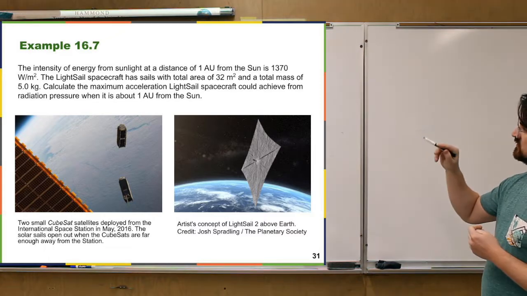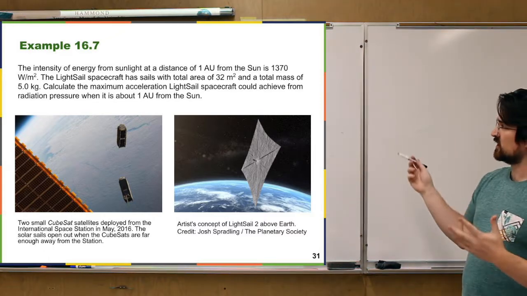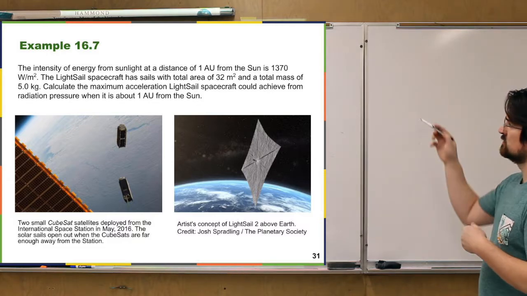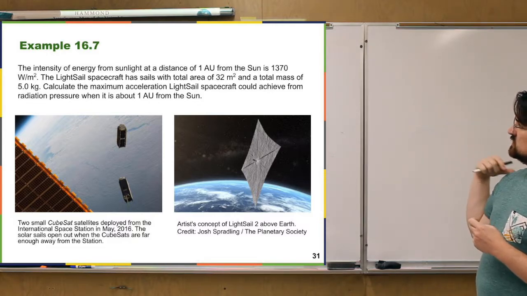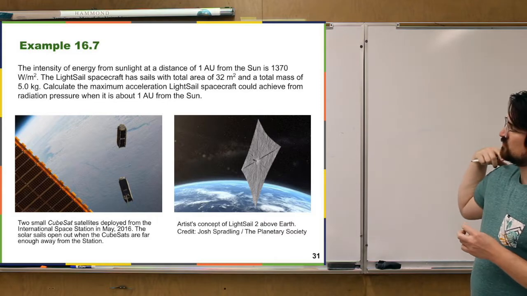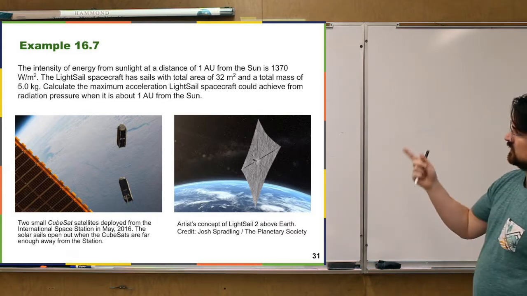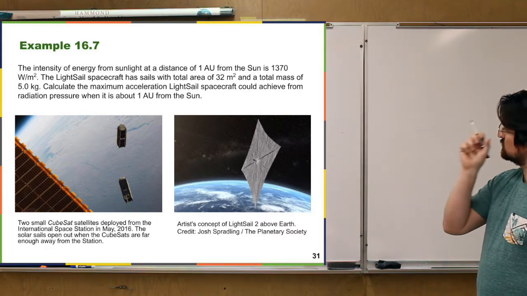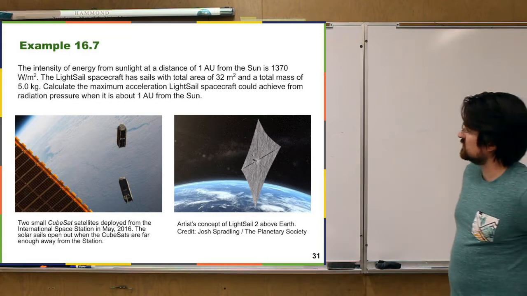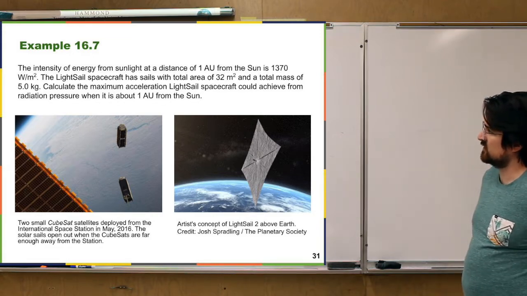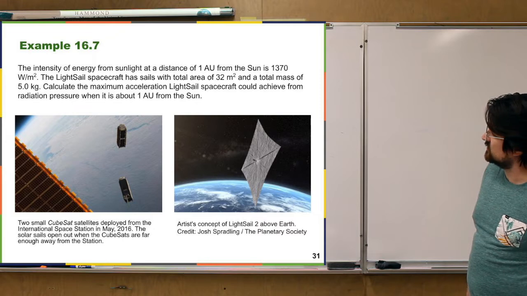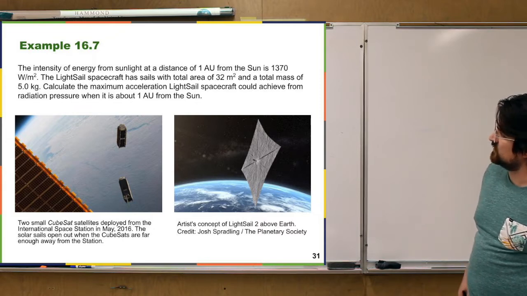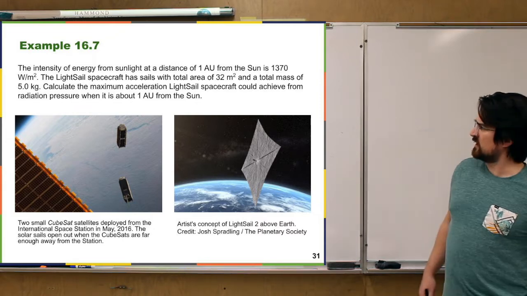The intensity of energy from sunlight at a distance of 1 AU, the average distance from the sun to the earth, is 1,370 watts per square meter. The light sailcraft has sails with a total area of 32 square meters and has a total mass of 5 kilograms. Calculate the maximum acceleration the spacecraft would achieve from radiation pressure when it's about 1 astronomical unit from the sun.